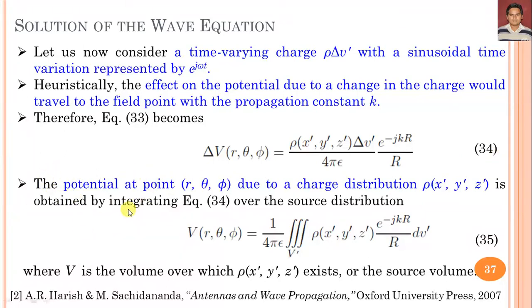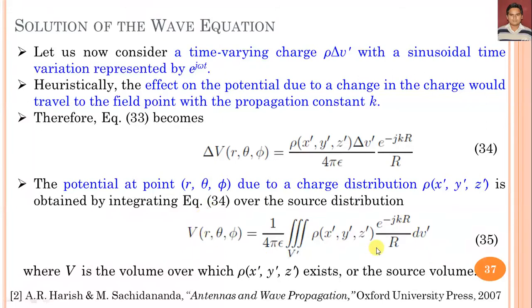The potential at a point r theta phi due to the charge distribution rho x dash y dash z dash is obtained by integrating equation 34 over the source distribution, which we have calculated using this expression, where V is the volume over which rho exists, or the source volume.